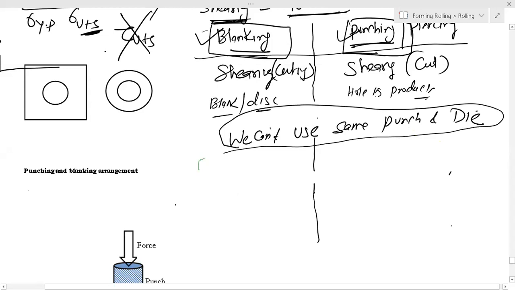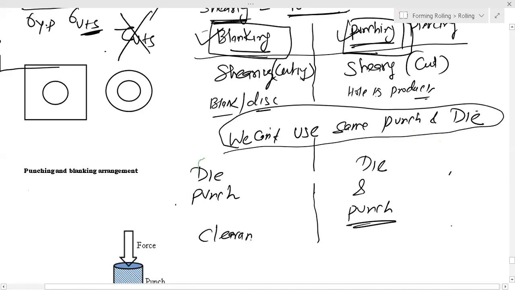No, you cannot use. So for blanking operation, die and punch will be different, and for punching operation, die and punch will be different. We cannot use. So there are basic two differences. One thing you understood, that product and waste material, and die and punch. Other is the clearance. Now we'll discuss clearance in detail.